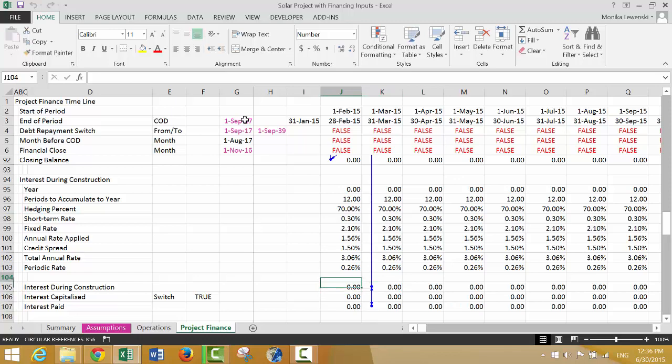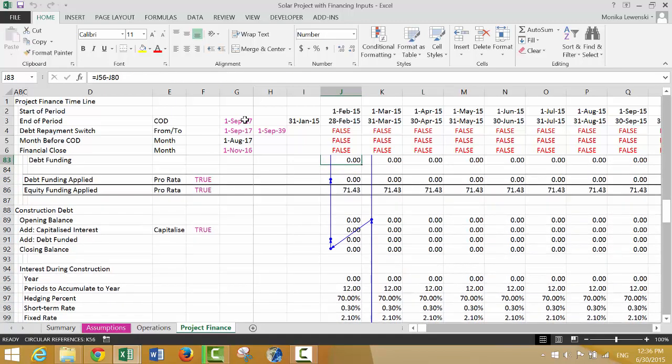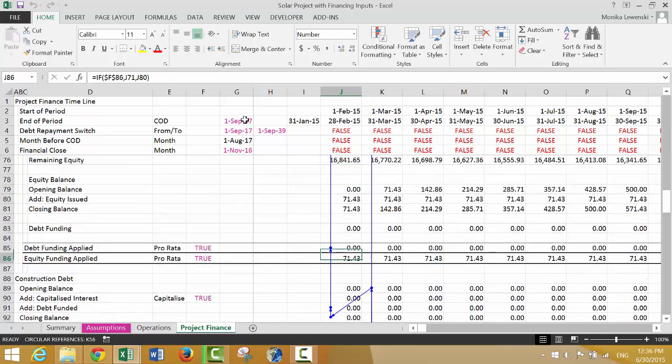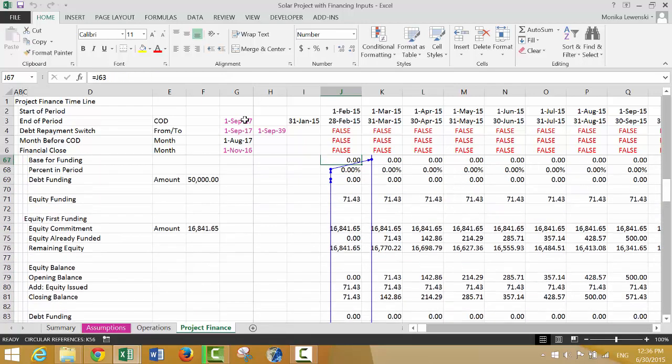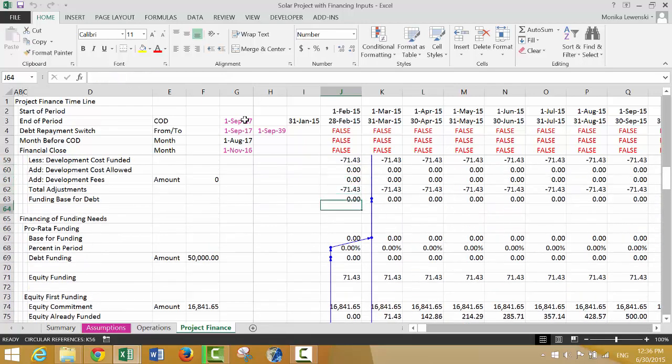Okay, and oops, I was afraid of this. I was just going to say, oh, here are our dreaded blue lines. And this is because of the sum of 67.